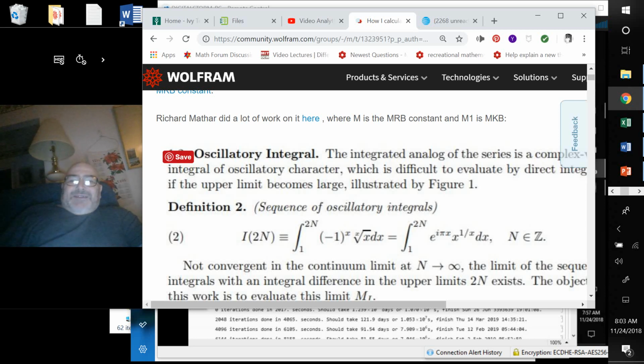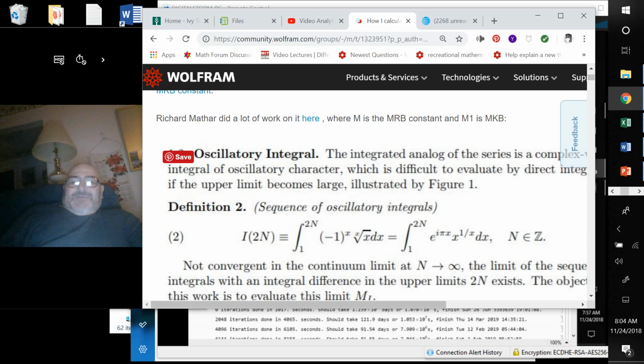The right-hand side of the equation, or the middle one, is the integral of negative 1 to the x times the x root of x, from 1 to the largest even number, I guess is a good way to look at it.